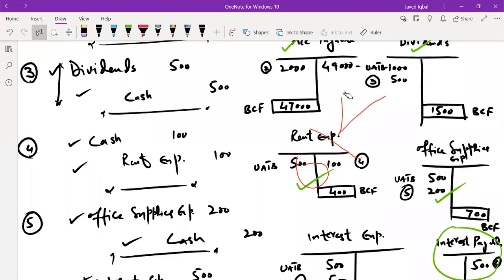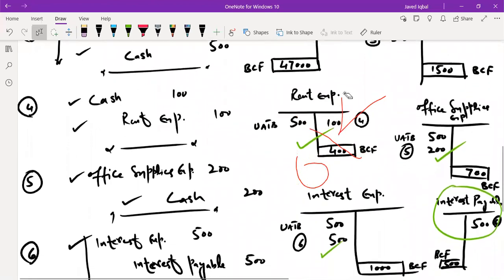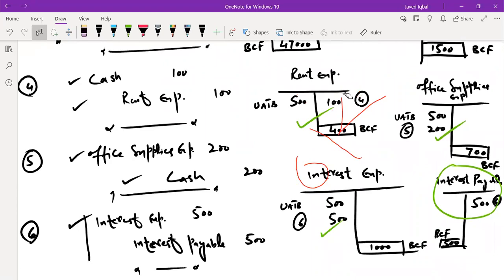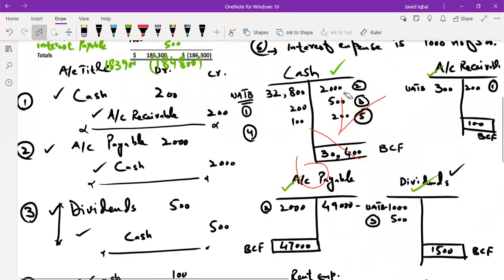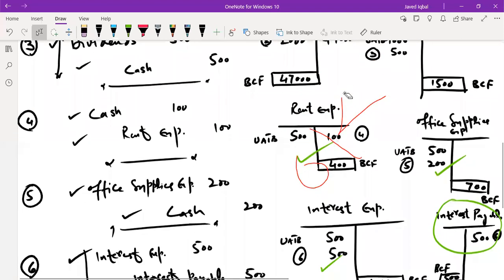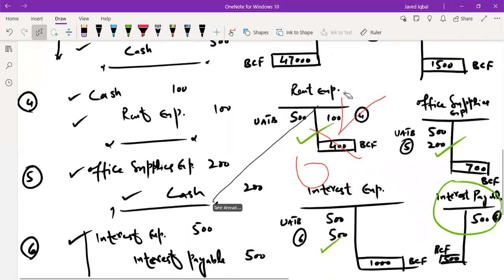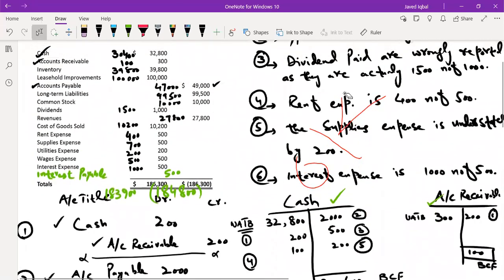Rent expense, office supplies. We've taken all these heads to the cash. So 1, 2, 3, 4, 5. Okay, fine. Rent payable is on the credit side. That's fine. So what has changed?